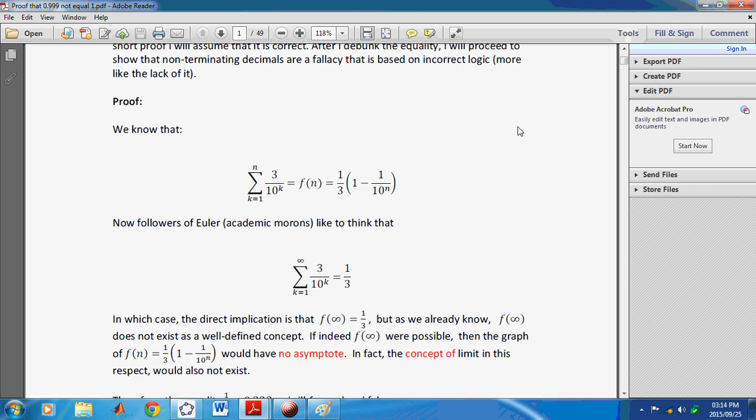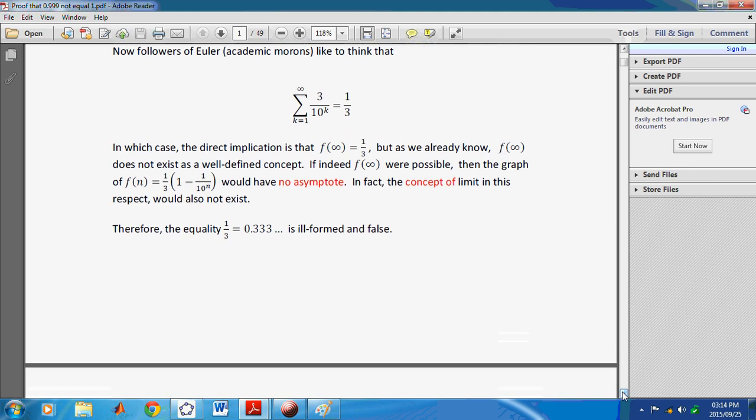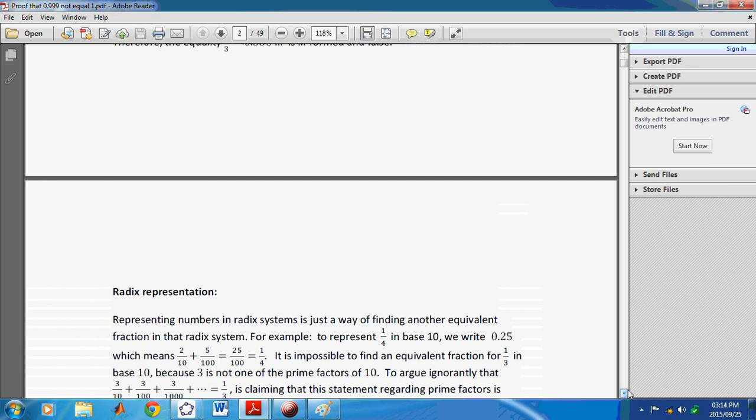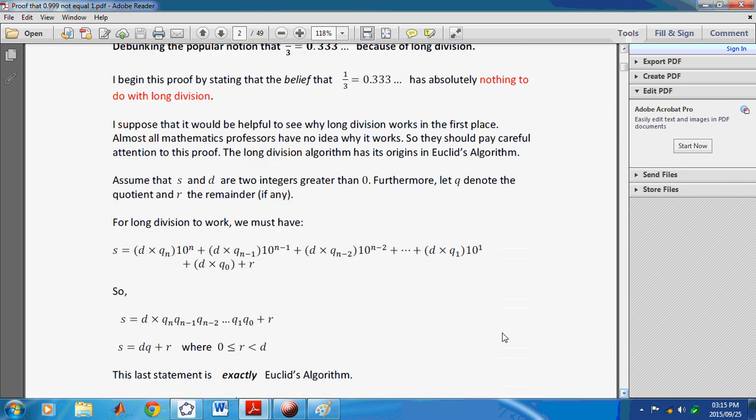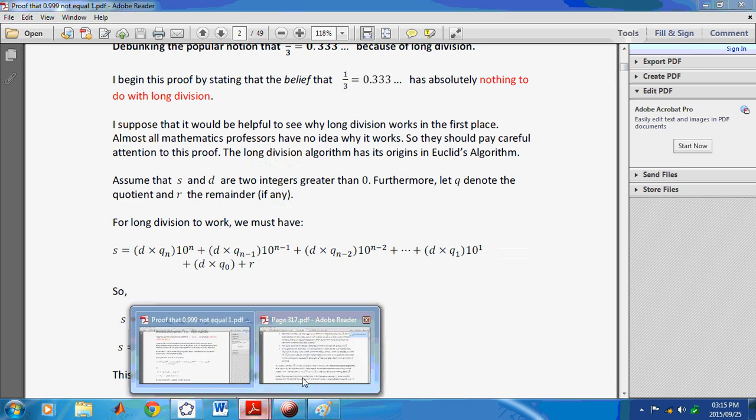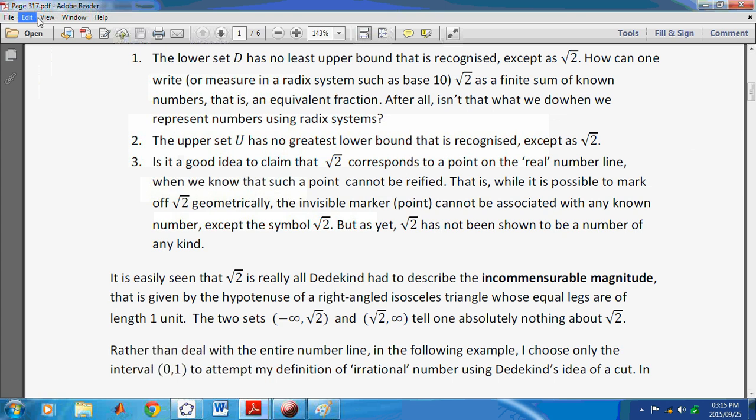It's about 49 pages long, debunks every proof in favor of the fallacy, and shows that no matter which approach mainstream mathematics tries to justify the belief that 0.999 and 1 are the same, all the proofs are false, and they've been invalidated in this document. In fact, I will also provide the link to another document, which is called page 317.